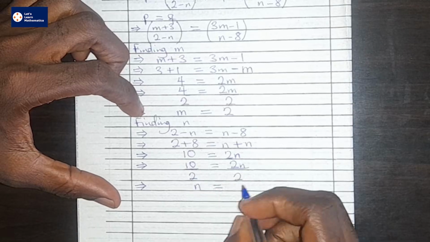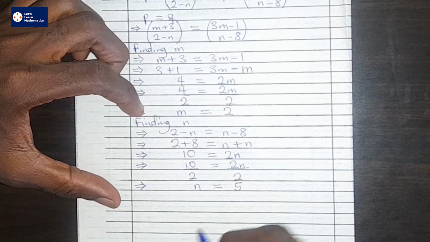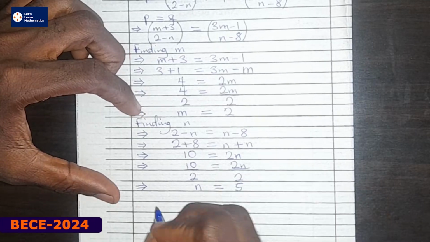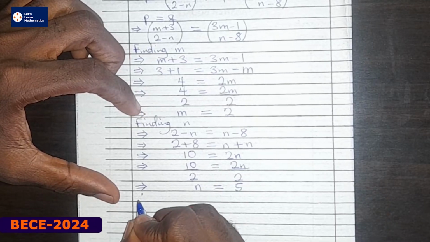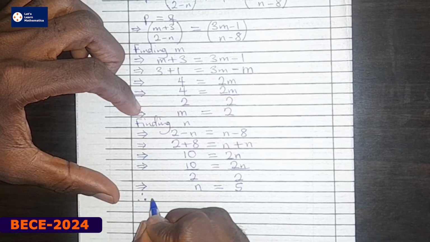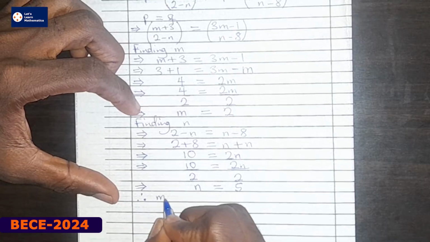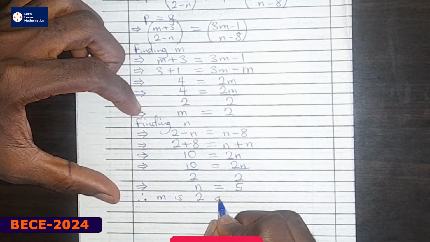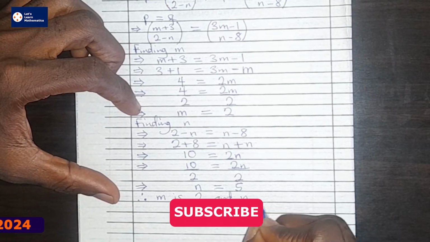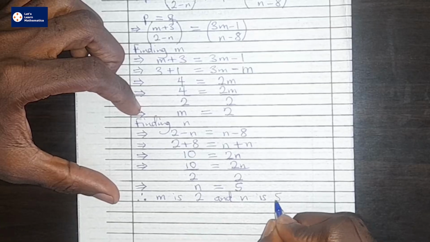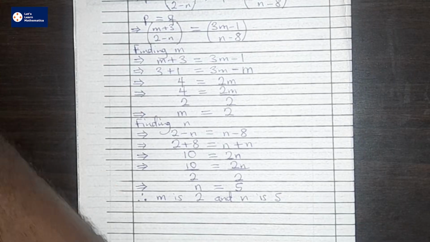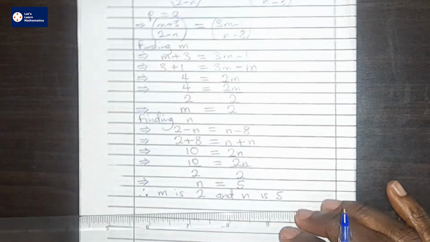Then 10 over 2 is 5. Then you can complete the question by stating that therefore m is 2 and n is 5. Then you can underline it nicely.